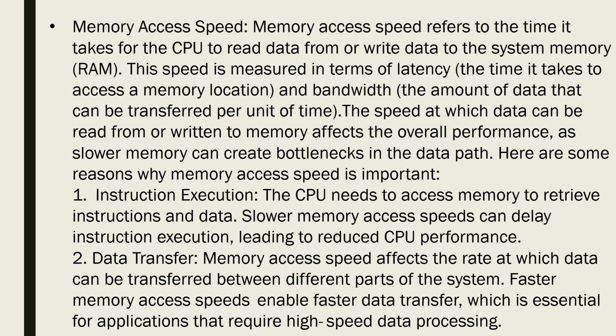Data transfer. Memory access speed affects the rate at which data can be transferred between different parts of the system. Faster memory access speed enables faster data transfer, which is essential for applications that require high-speed data processing.